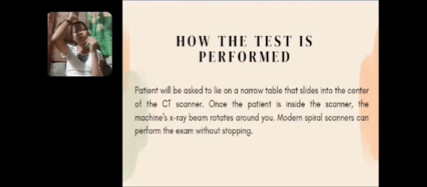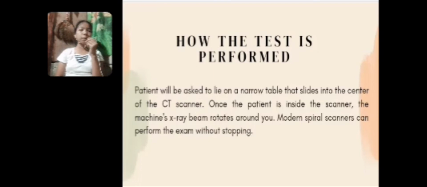Next is how the test is performed. So, the patient will be asked to lie on a narrow table that slides into the center of the CT scanner. Then, once the patient is inside the scanner, the machine's X-ray beam rotates around you.